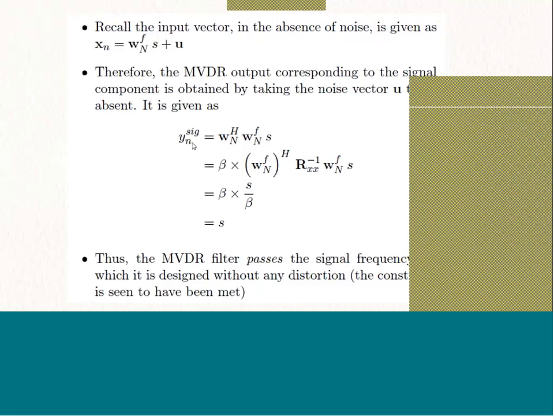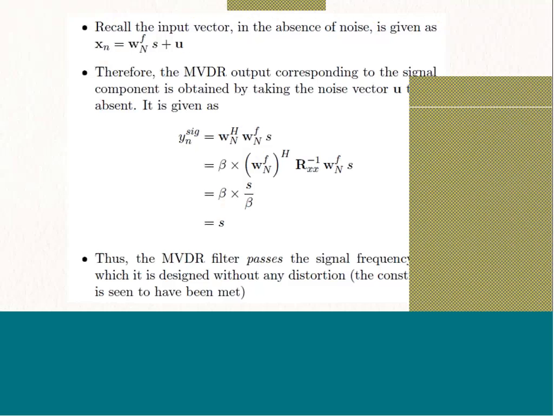What I wanted to say here is that if the incoming signal has the frequency for which this MVDR has been designed, then you will see that the output signal actually corresponds to the symbol of interest, which means that the MVDR actually has done what we had asked it to do.